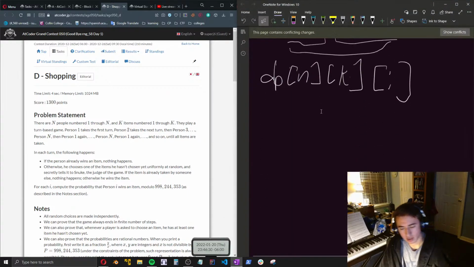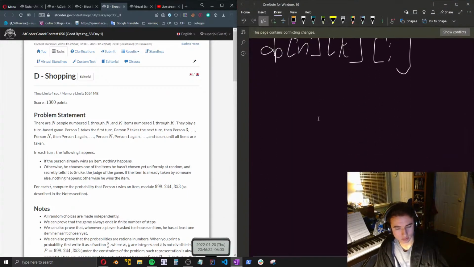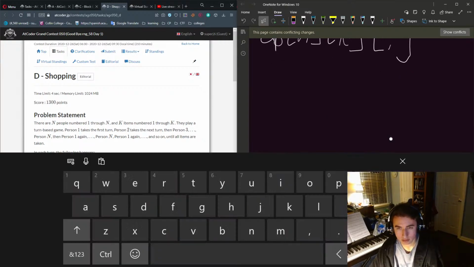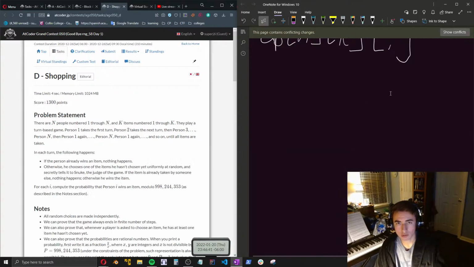First off, we need to calculate the base state, which is there is a single item, so k equals 1.